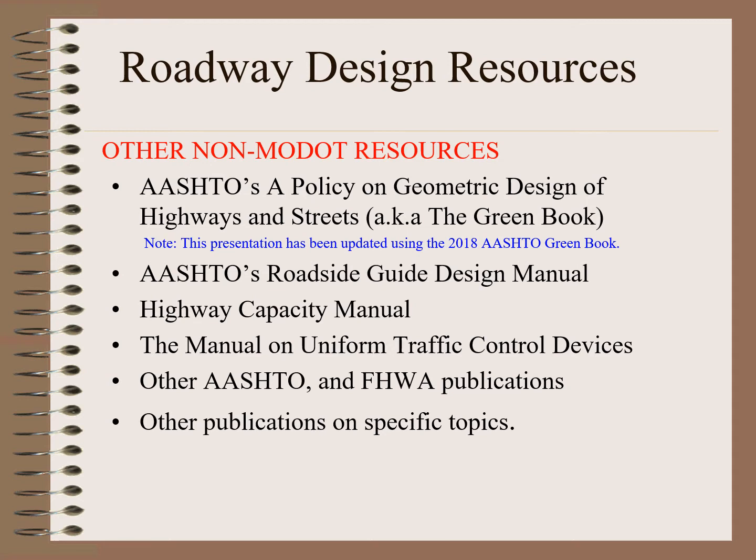The Manual on Uniform Traffic Control Devices and other AASHTO and federal highway publications are also available on the web or through purchasing by the district. There are many publications that are specific to various topics. You'll have to find out if your topic is not covered in any of the above mentioned guidelines and books, and you may have to either borrow one or purchase one for the district use.